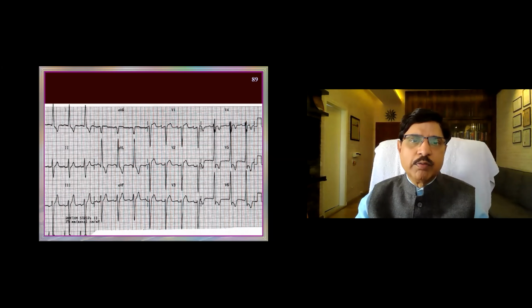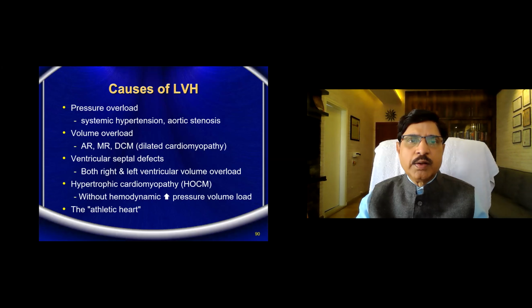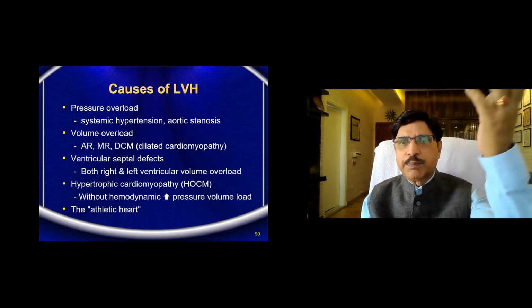So we have now looked at right atrial, right ventricular, left ventricular. What are the causes of left ventricular hypertrophy? Two types: pressure overload, volume overload. Volume overload is dilatation, pressure overload is muscle hypertrophy. Pressure overload occurs in systemic hypertension because of the higher pressure in the aorta.